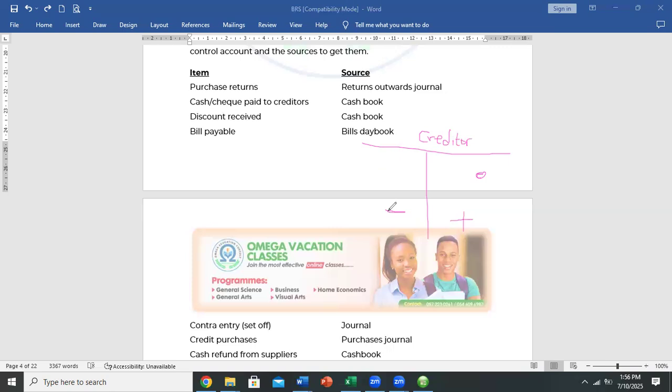Okay. So let's do the analysis by picking the first one, which is purchases return or return outwards. Professors, you know that this item reduces the balance. Because if, for example, Malcolm is our supplier and we purchase 20 million worth of goods from Malcolm, and for that matter, we owe Malcolm 20 million Ghana cedis worth of goods.